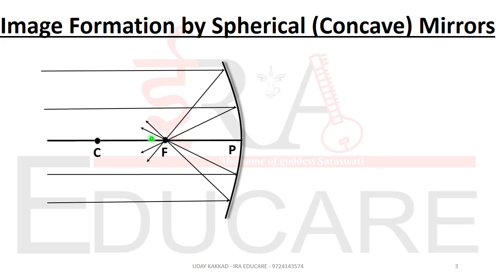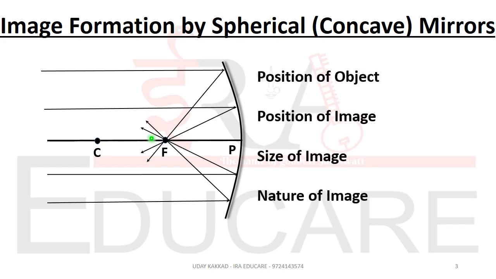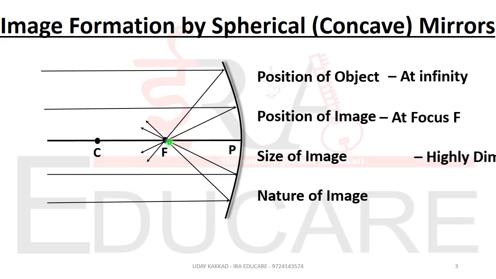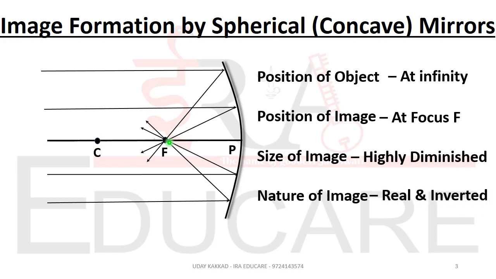Now what is the nature of the image and what is the size of the image? Let's see that. Where is the position of the object? At infinity, right? Because it comes from infinite distance. The position of the image is at the focus point. The size of the image is highly diminished, meaning it is very small, and real and inverted.